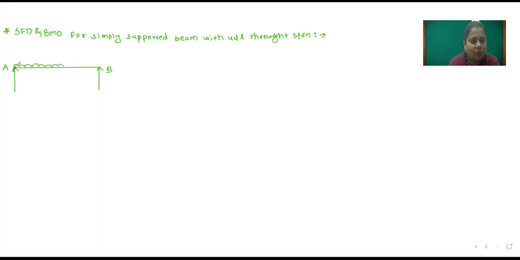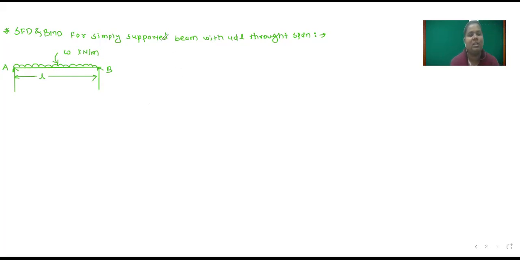Sorry, I said central point load; it is uniformly distributed load, W kilonewton per meter. And the length of this beam is L. So we have to calculate shear force values, bending moment values, and then draw the shear force diagram and bending moment diagram for this particular case.